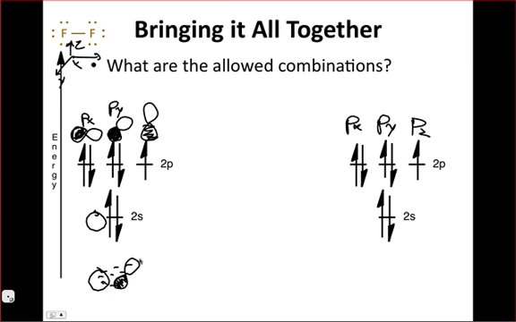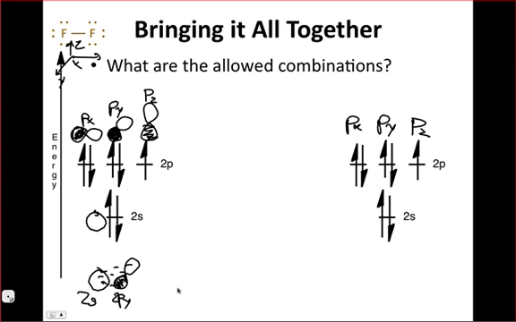So this is an example of a disallowed combination between the 2py and the 2s. Same rule applies for the 2pz. Because the 2pz is perpendicular to the internuclear axis, which we defined as the x-axis, it's an example of a disallowed combination. Any combination between 2 different p orbitals is also disallowed.